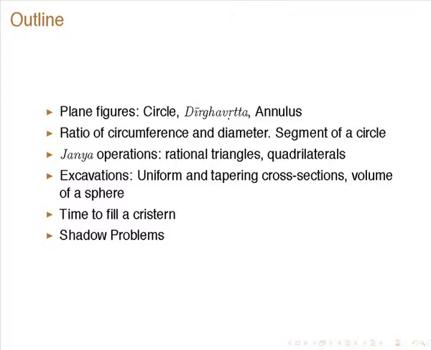Then we talk about the so called Janya operations which I had introduced earlier, rational triangles, quadrilaterals, then regular volumes, uniform volume, then tapering cross sections, then volume of a sphere, then time to fill a cistern which is discussed for the first time by Mahavira, then shadow problems.